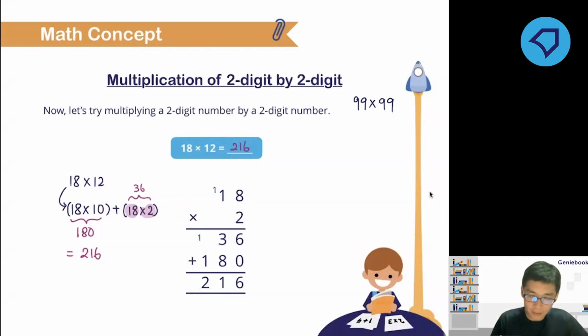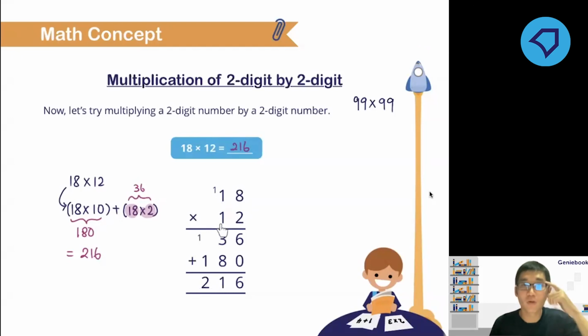All right, now comes the part that is confusing. Now I have to deal with this number here, this 10. How do I do the multiplication? This is equivalent to me doing 18 multiplied by 10.